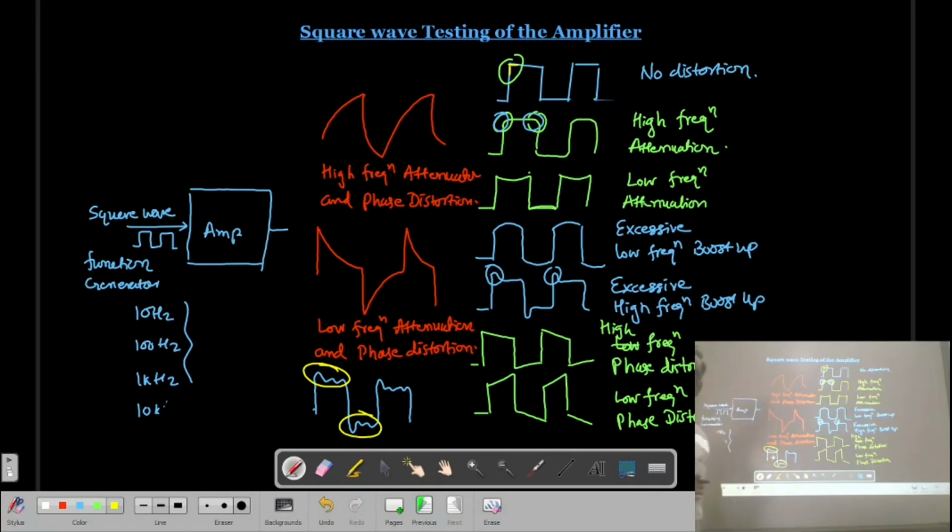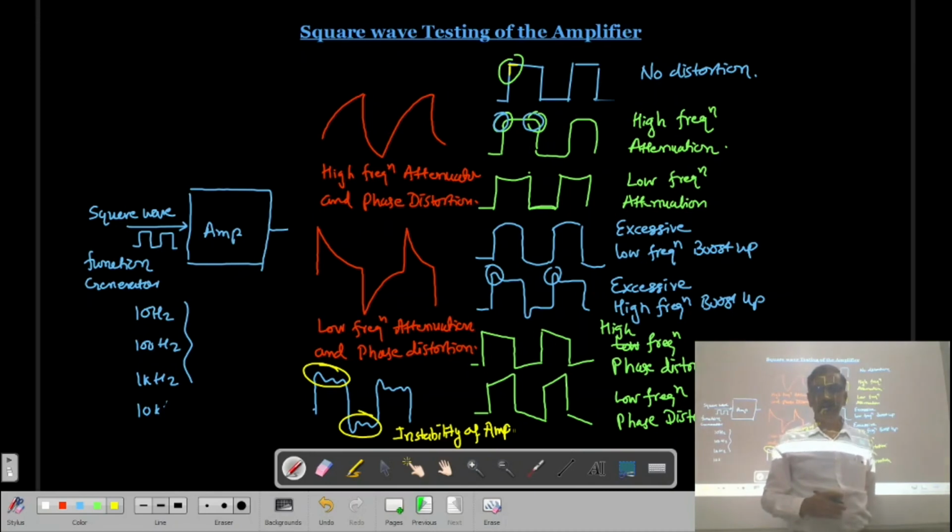So this indicates that your amplifier is not stable at this particular frequency. So this is known as instability of an amplifier. Instability means that at any time your amplifier may be converted into an oscillator.